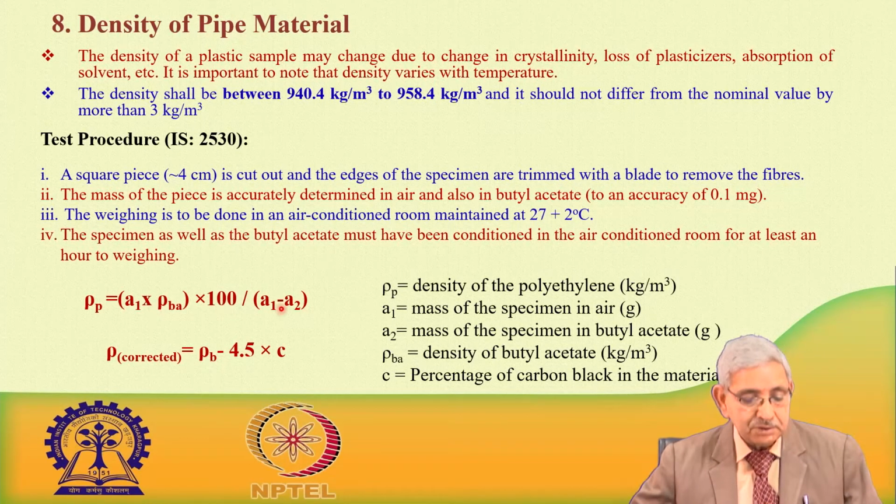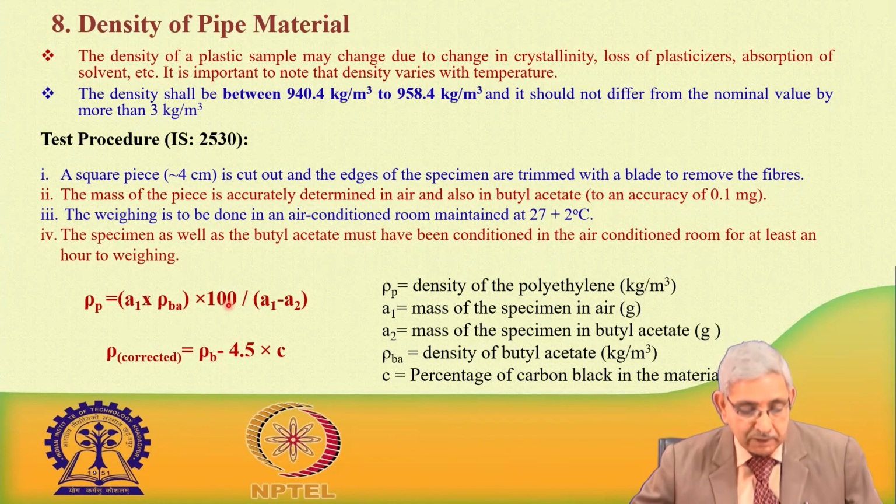This difference is divided, multiplied by 100, and will give us the value of density of the polyethylene pipeline, and this value needs to be corrected.